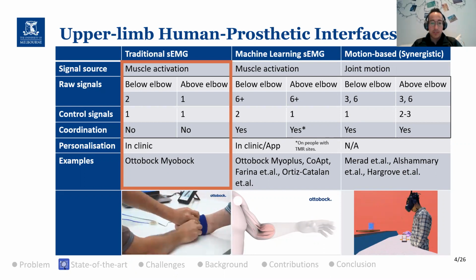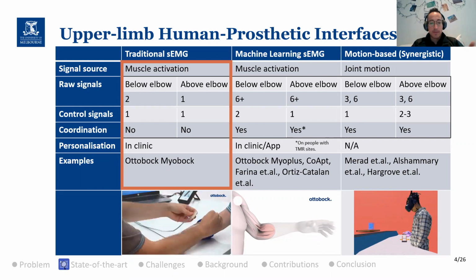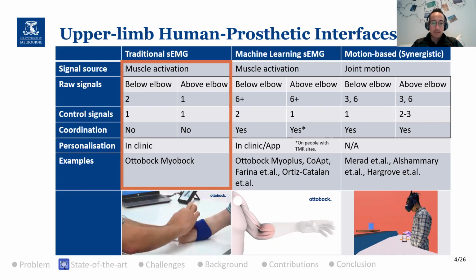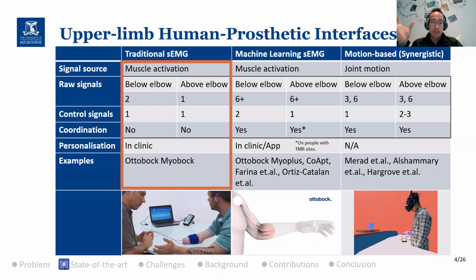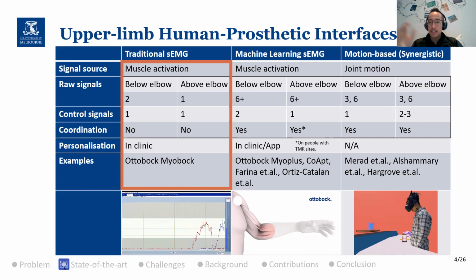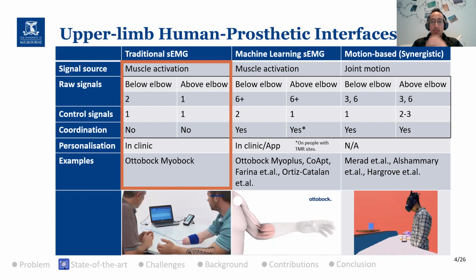Activating one side of the forearm drives the hand to close, and the opposite drives the hand to open. It's exactly the same with biceps and triceps: biceps will do movement in one direction or the other for the elbow, hand or wrist. So you can imagine that doing bicep curls to close your hand is not very intuitive.